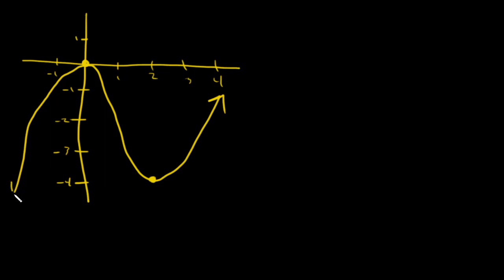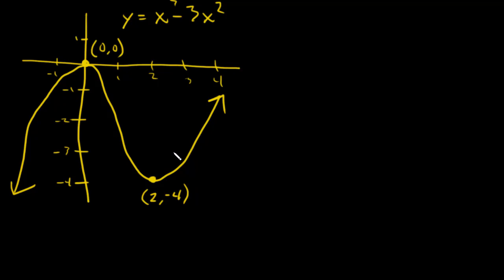Okay, so this beautiful graph is y equals x cubed minus 3x squared. Okay, and we have the following points listed out: (0, 0) and (2, -4). Alrighty.